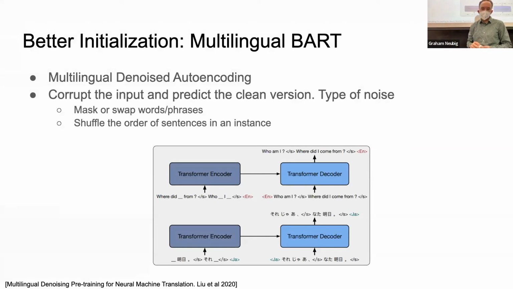The way it works is you mask out words in the input, but then you generate all of the words in the output. Then you train this on tons and tons of data. It's a pre-trained model that you can then use to initialize your downstream unsupervised MT model.